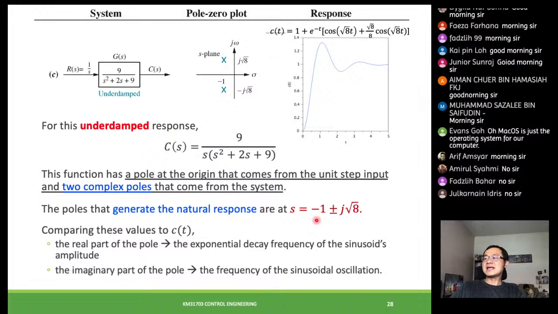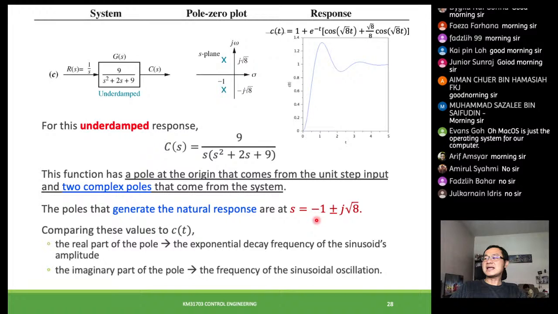It's somewhere in between, corresponding to -1 plus j square root of 8 and -1 minus j square root of 8, right? So that would be your natural response, and because of this complex pole, you would get the underdamped response.